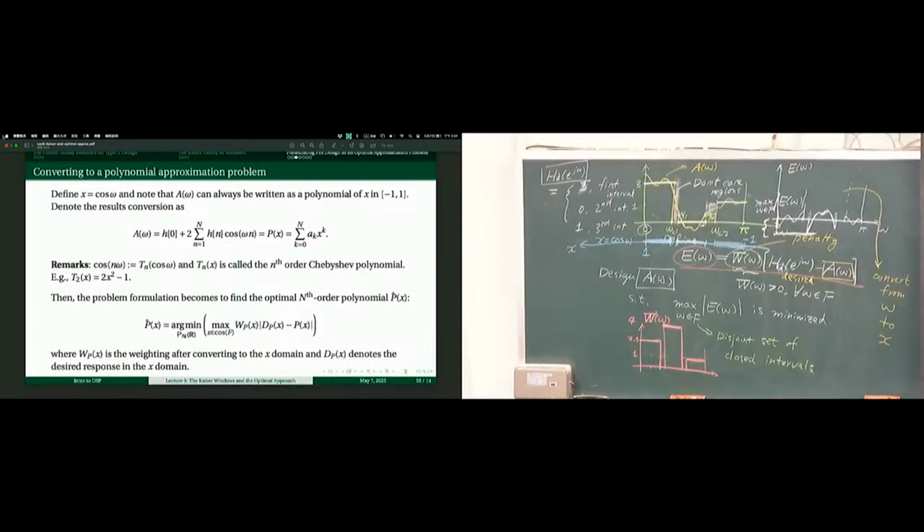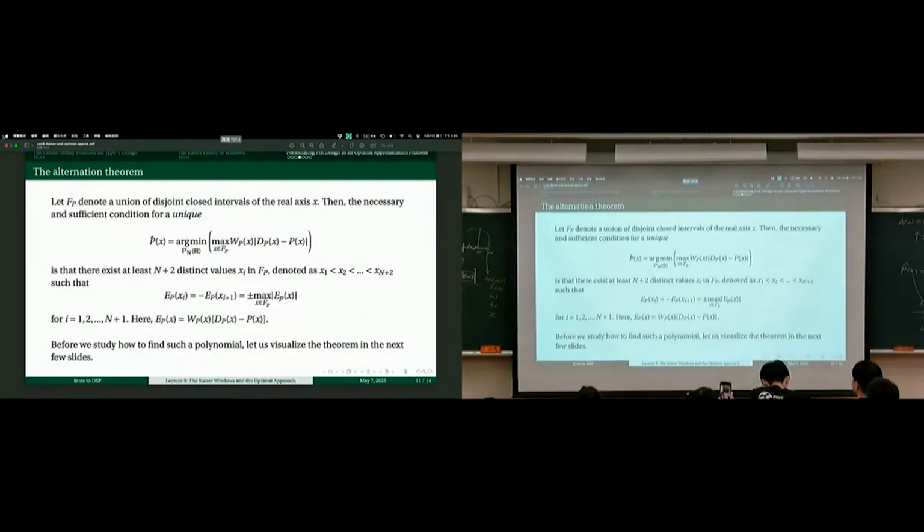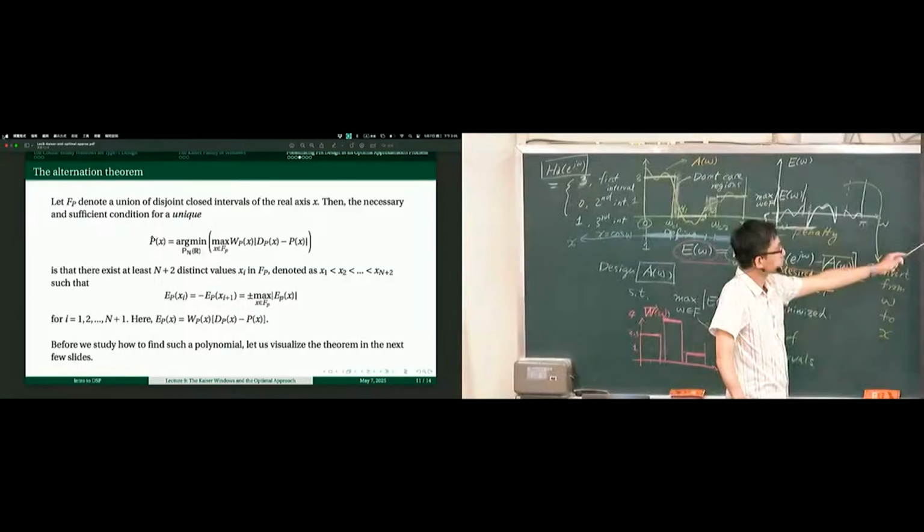Okay? So maybe that's the message I want to deliver for today. Maybe next week when we come back, we're going to introduce the alternation theorem. Still, fitting a polynomial, it turns out that this is a theorem.